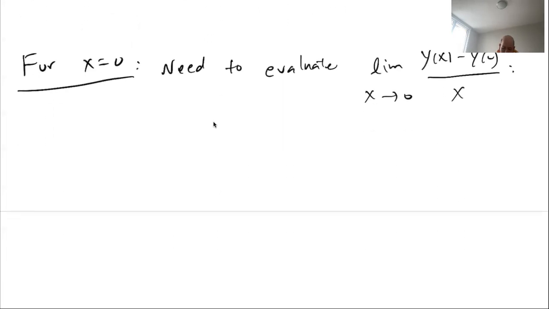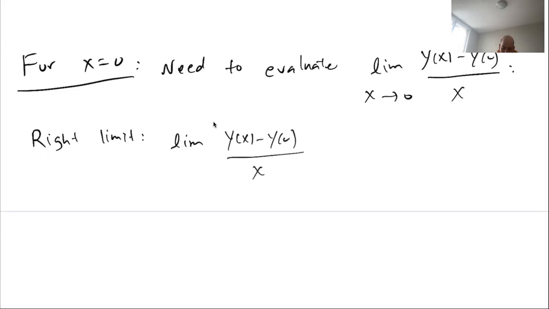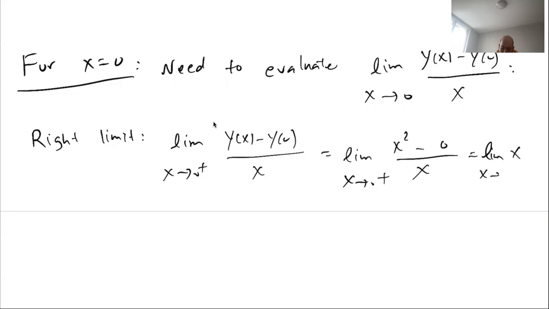So we need right limit and left limit. For right limit, limit of y of x minus y of 0 divided by x, as x approaches 0 plus. So this will be limit of x squared minus 0 divided by x, as x goes to 0 plus. That's limit of x as x approaches 0 plus, which is 0.